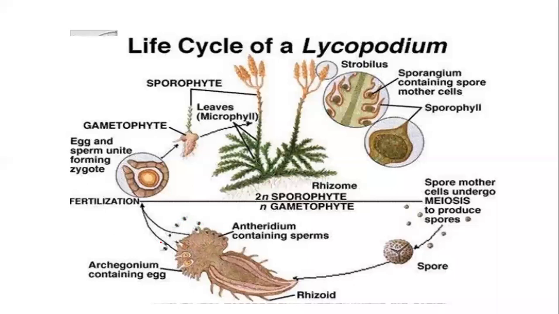From the antheridia, all these male gametes are going to be released, called the antherozoids. Whereas the archegonia consist of the female gamete. In the venter of the archegonia, we can see the presence of the egg cell, or the female gamete, which we call the egg.